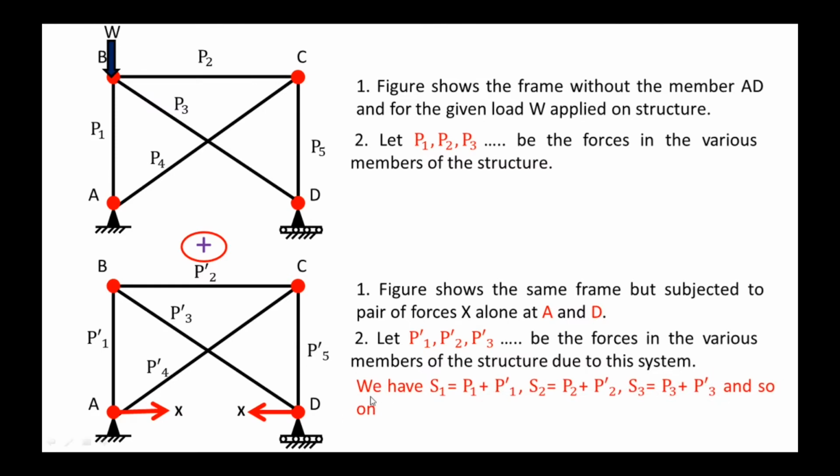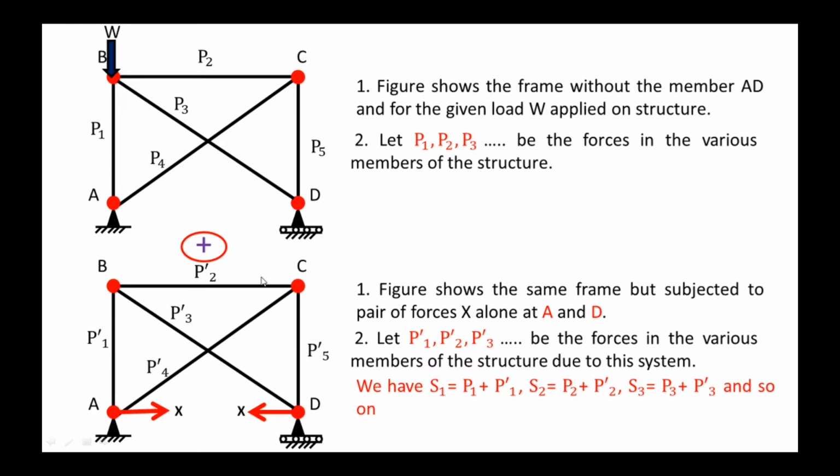Now important is this last equation. The complete force in the member AB, that is S1, is equal to P1 plus P1 dash. Likewise the complete S2 is equal to P2 plus P2 dash. S3 is equal to P3 plus P3 dash, and so on.